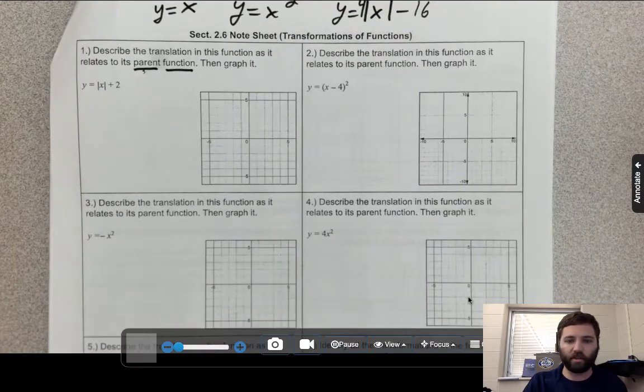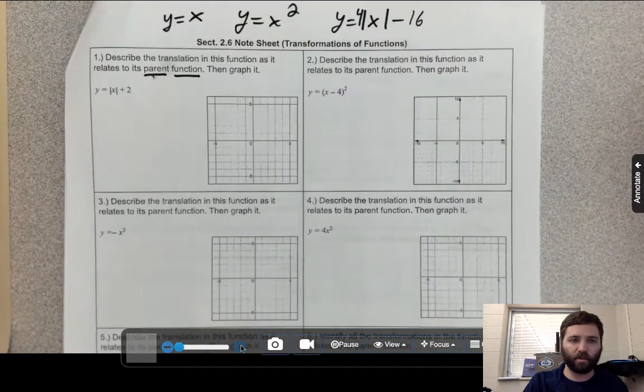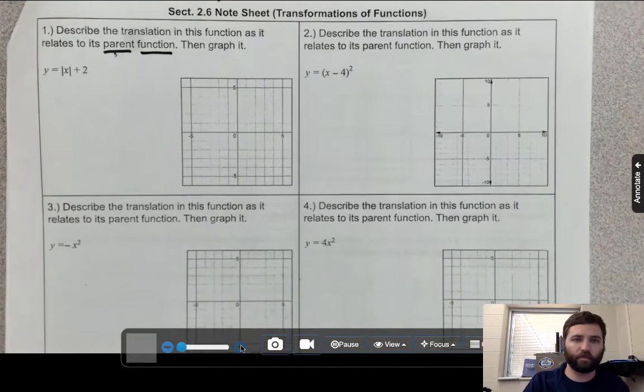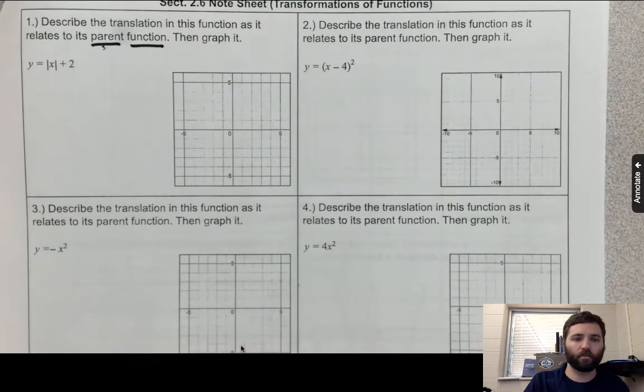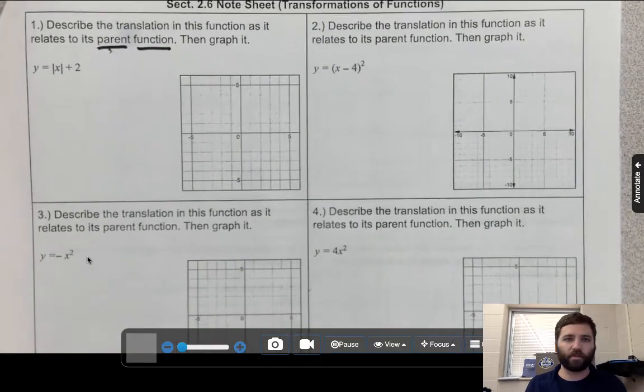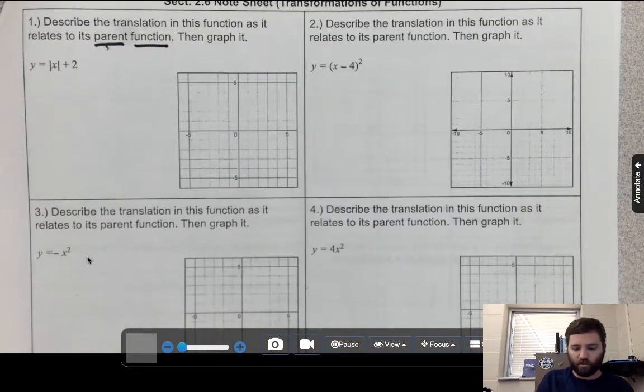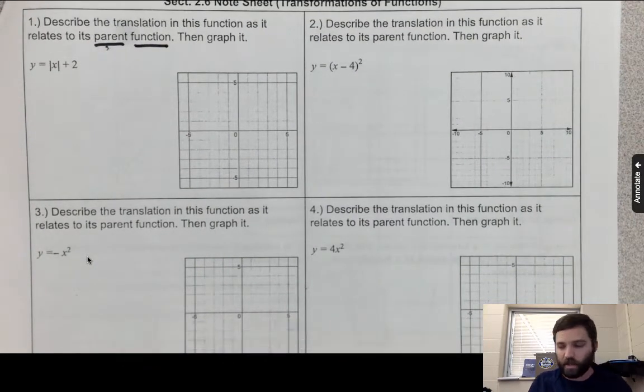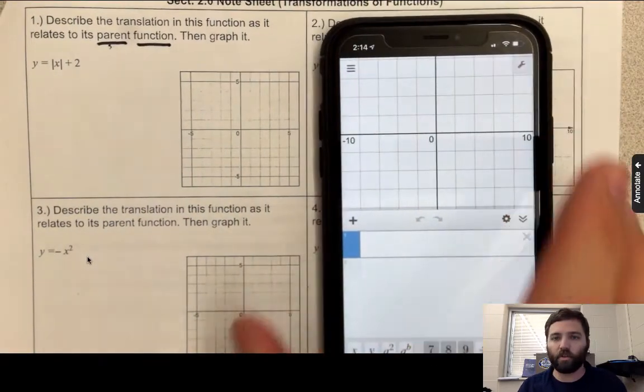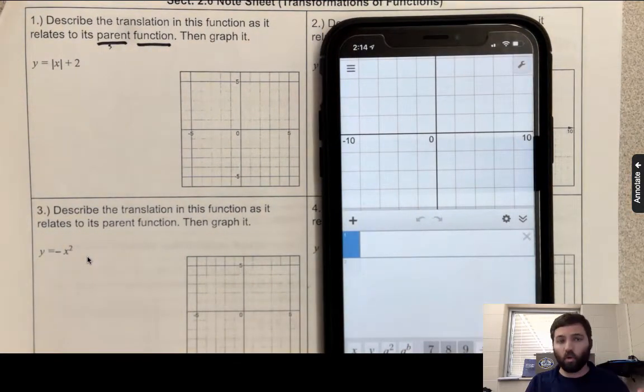In fact, let's zoom in a little bit so you can see it better here. Okay, so to graph this, what I like to do is compare it to its parent function, both in the same window. The more of these that you do, the less you will have to graph, because you'll just pick up on the patterns.